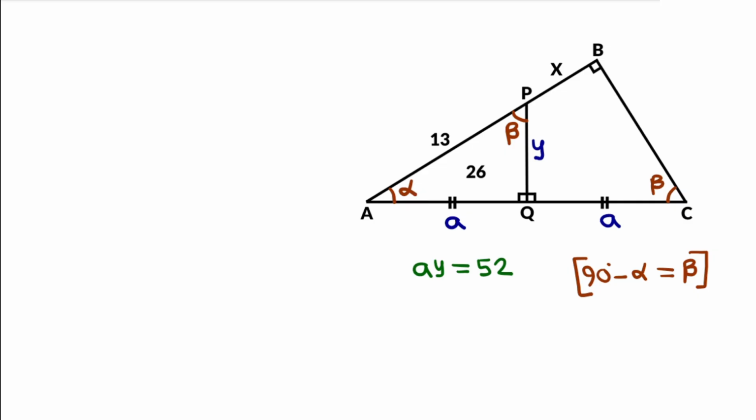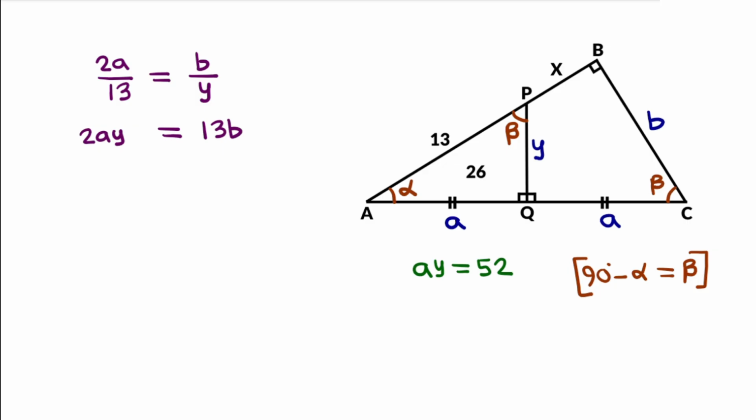In the large triangle, that side is BC. Let's call it B. In the small triangle, the matching side is Y. So we can write 2A over 13 equals B over Y. Cross multiply. 2AY equals 13B.